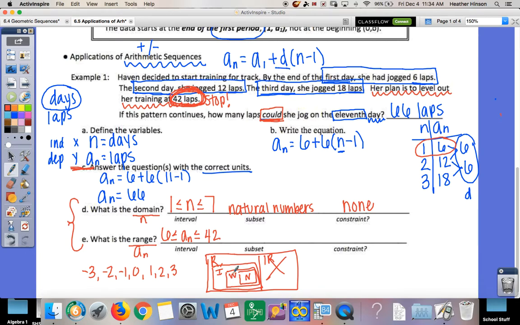What about whole? Whole is just 0 and up. Would those fall in the category of 0 and greater? Yes. Can we be more specific? Would it just be natural? Natural means no 0. Do we have 0 in these numbers? No. So the most specific category we can go to is natural numbers.